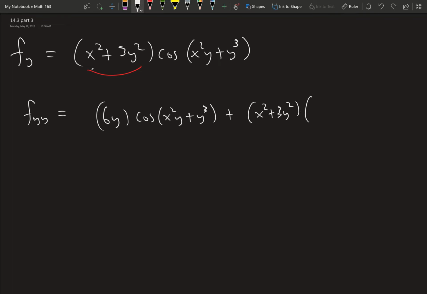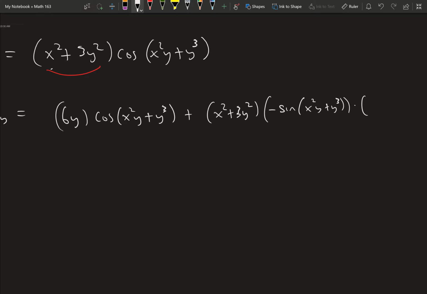as is and take the derivative of the cosine portion. We get negative sine of x squared y plus y cubed, and then times the partial derivative of the inside with respect to y.